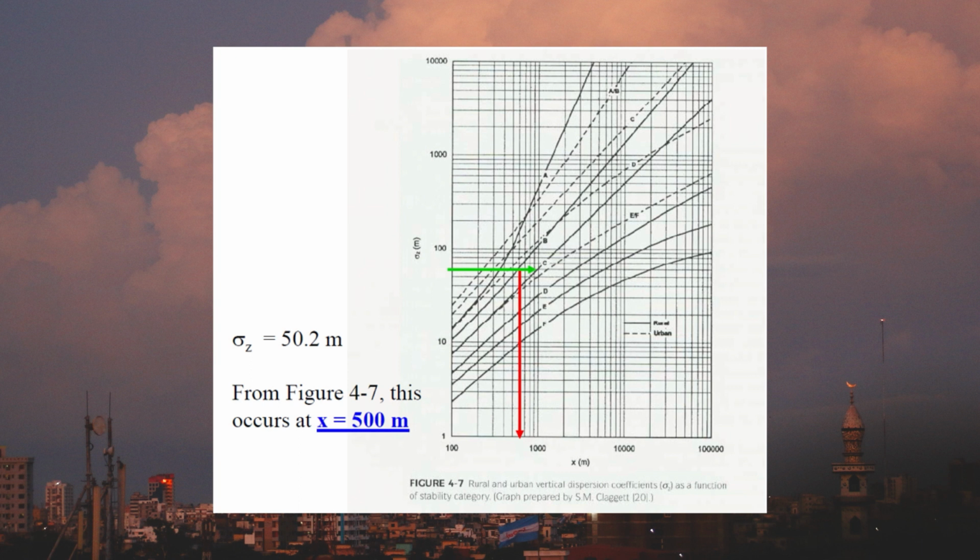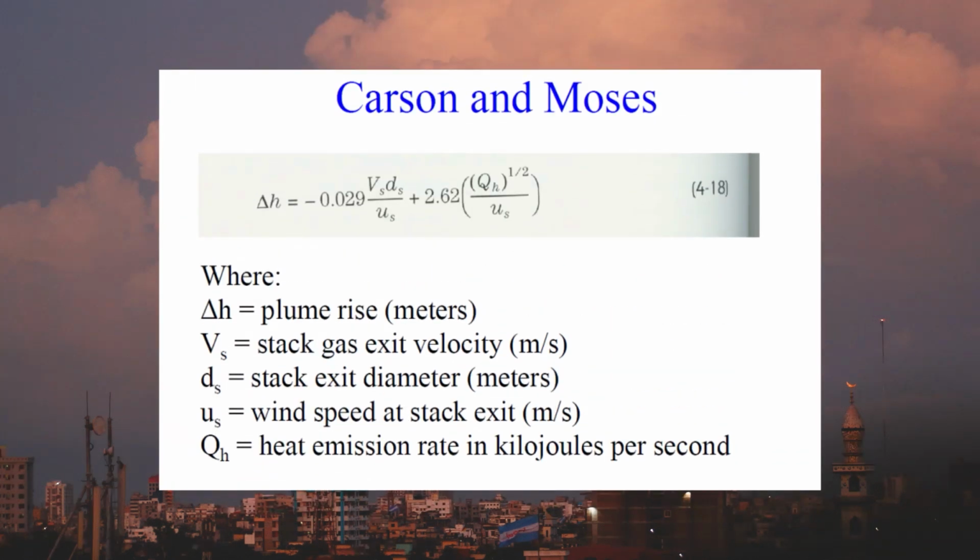And how do you define the effective stack height? This is another equation that is used to calculate the plume rise, and this is again based on the stack velocity, then the heat emission rate, and the wind speed. So based on this, we can calculate the delta H, that is the plume rise.